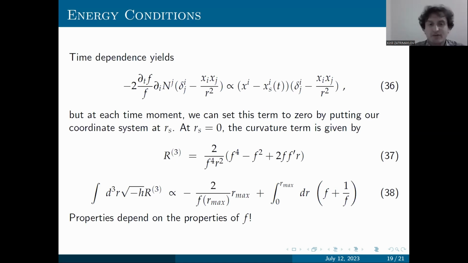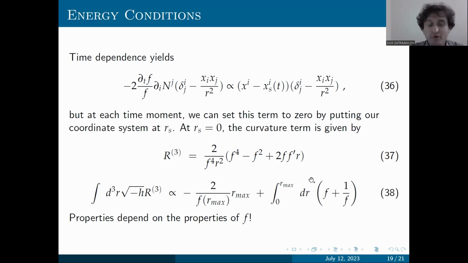But since we are not interested in integrating over time, at each particular time moment we can set the origin of the coordinates to the location of the warp drive, and thus this term becomes 0. So in this coordinate system the intrinsic curvature is given by this expression, and once we integrate it, we arrive at that.